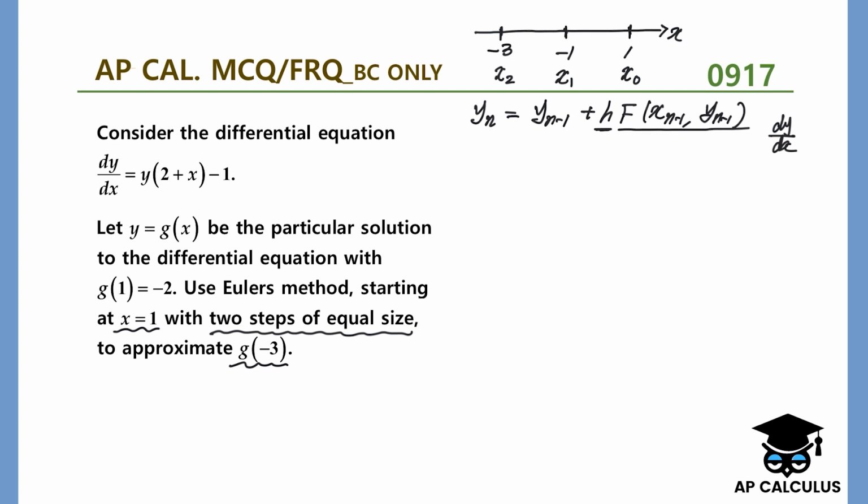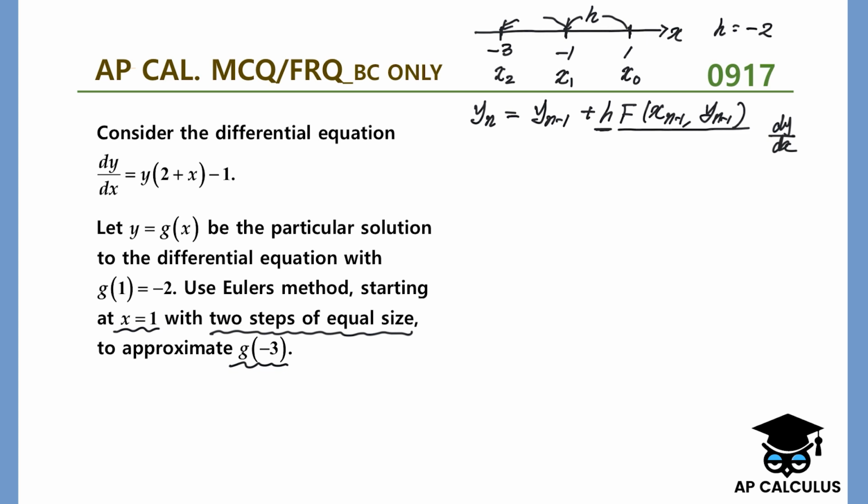Now our step size is x1 minus x0, so -1 minus 1, which is -2. Or x2 minus x1, -3 minus -1. That's -2, right? So our step size h is equal to -2.